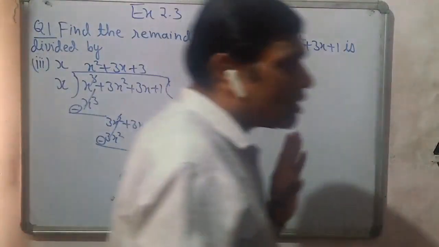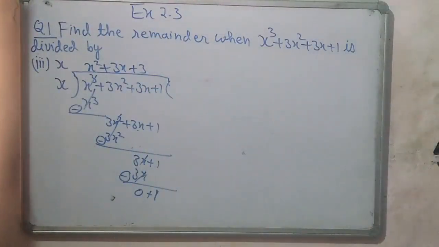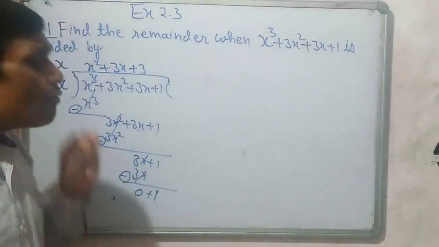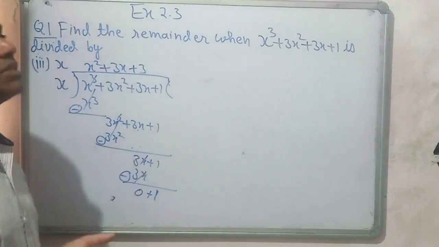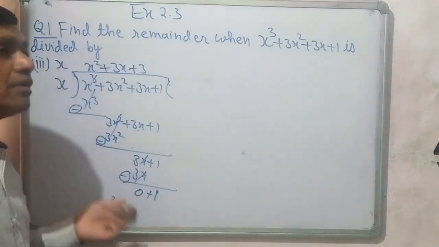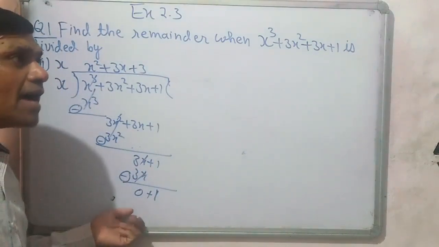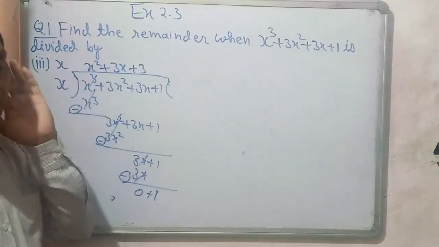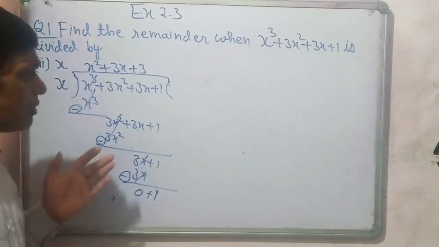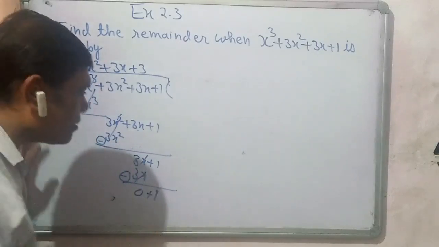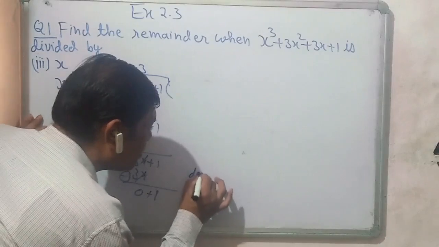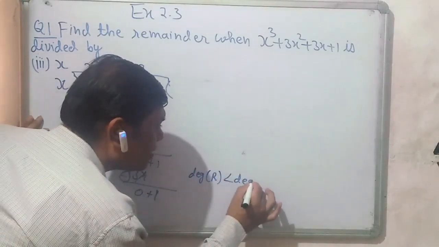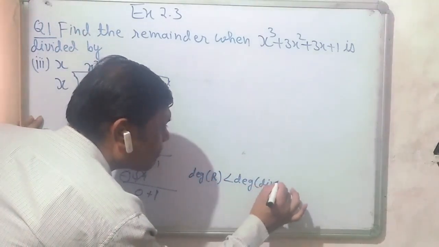The golden rule for continuing division: till when we have to continue? We have to continue the division till the final remainder has degree less than the divisor. Degree of remainder is less than degree of divisor.